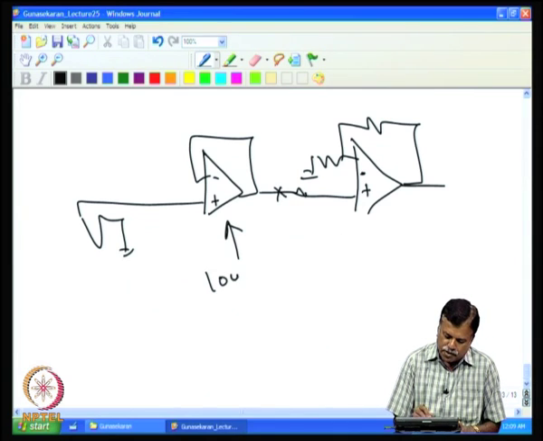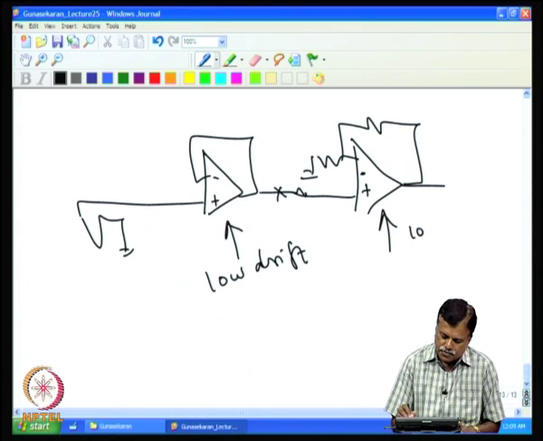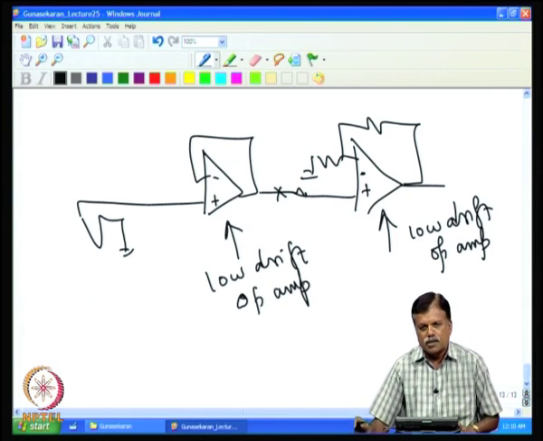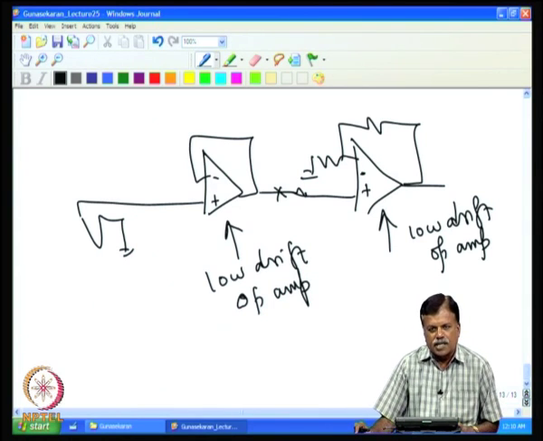So a low drift op amp is required for this as well as for this. Both have to have low drift characteristics, then only the error can be controlled.